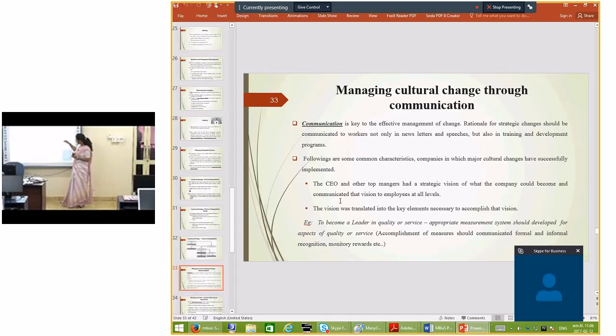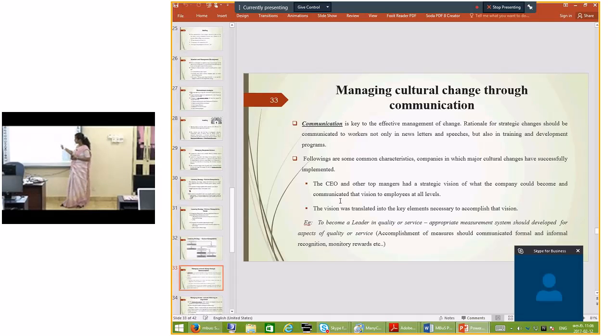If we are communicating those things to our employees, as has been mentioned, are you clear with that? The first point is, if we have to go with these major cultural changes, for a successful implementation stage, these characteristics are important.